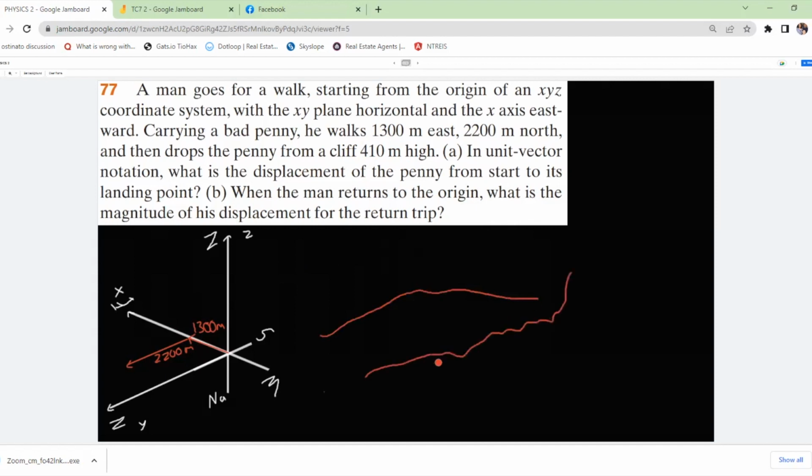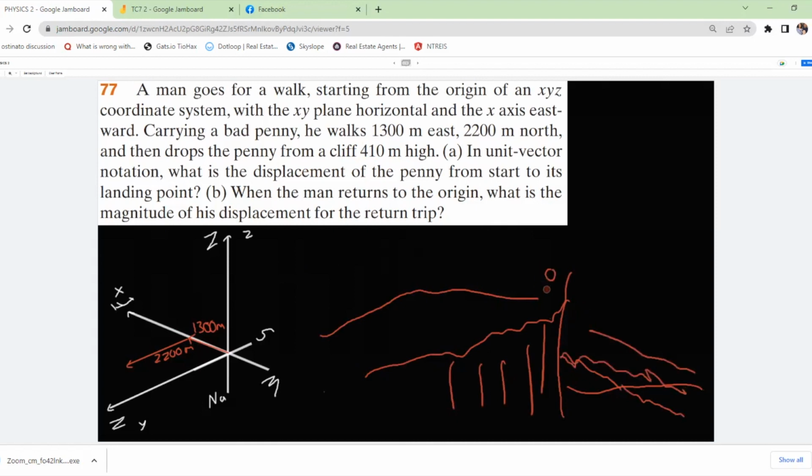Tapos, ganito po yung sea. So, nasa surface tayo ng cliff, kasi naka-level tayo ng cliff. Tapos, below zero yung binagsakan ng coin. So negative 40 na.